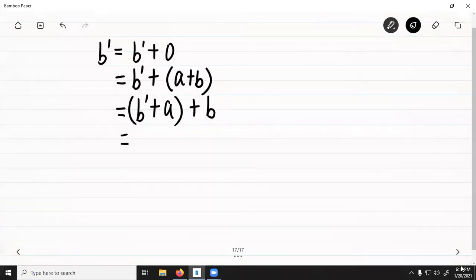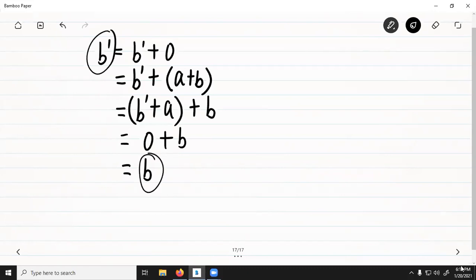So this would be 0 plus B. And 0, the additive identity, plus B should be B itself. So you can see we prove that B prime is equal to B. Okay, so we finished the proof.